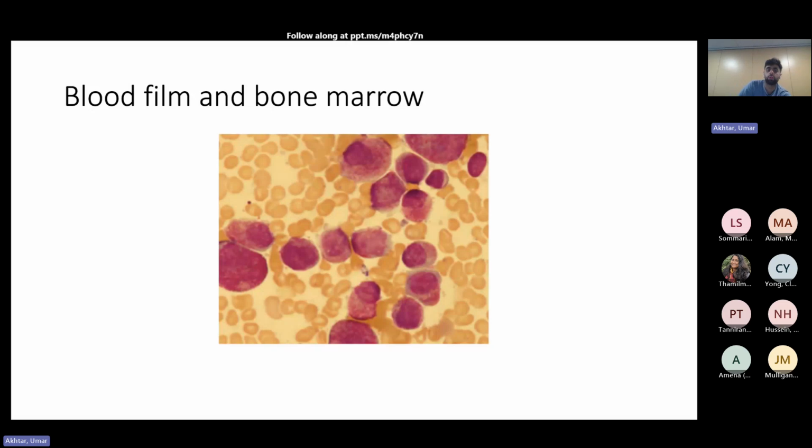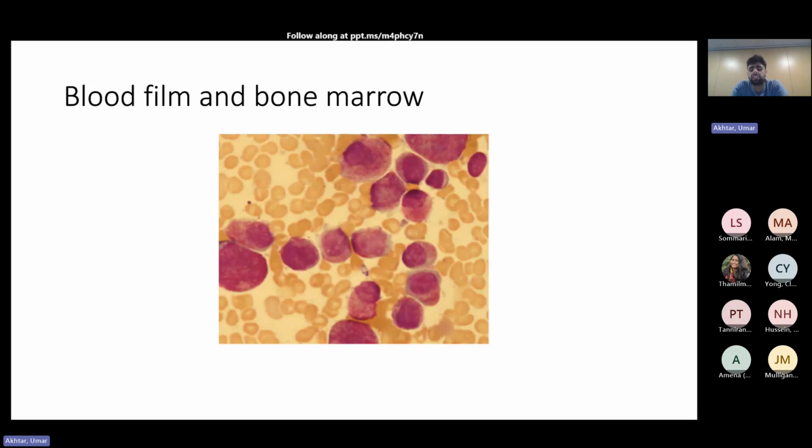Can anyone describe to me a little bit about what's going on in this blood film? Okay, so what we're looking for here are these big purpley circular things.